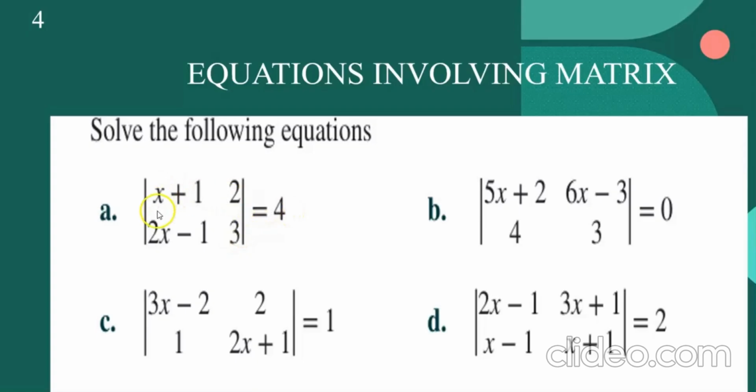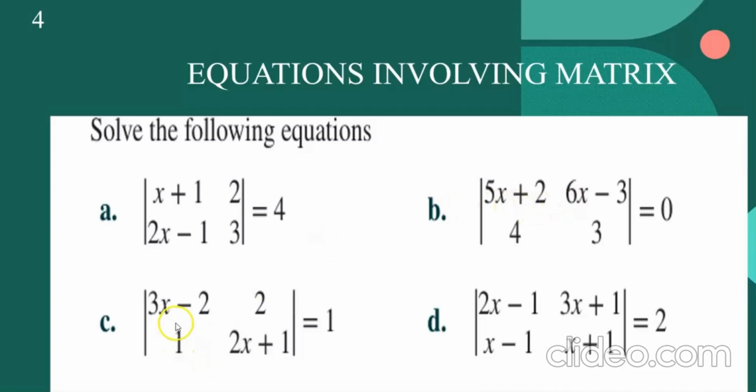So we are to determine the value of x. Likewise, in this question, the bar indicates the determinant of the matrix. The determinant of this 2 by 2 matrix is 0. You are to find the value of x.